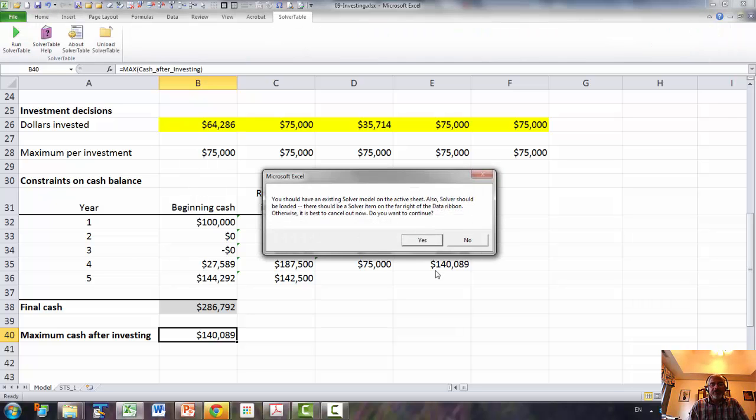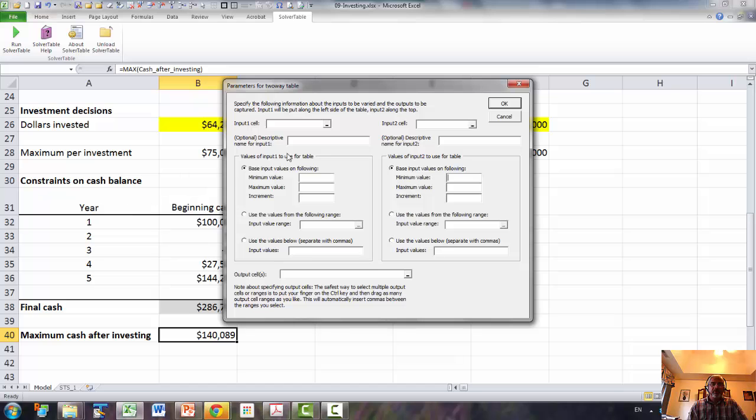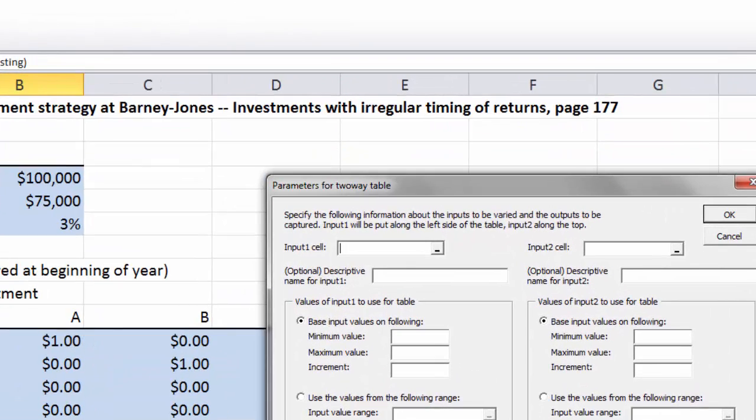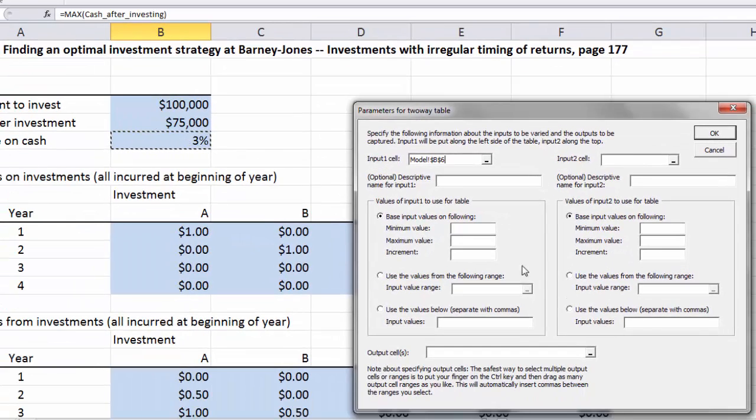Okay, so let's run solver table, and we want a two-way table. Okay, and along the first input is interest rate, and we want to go from, you have to type this in decimal values.